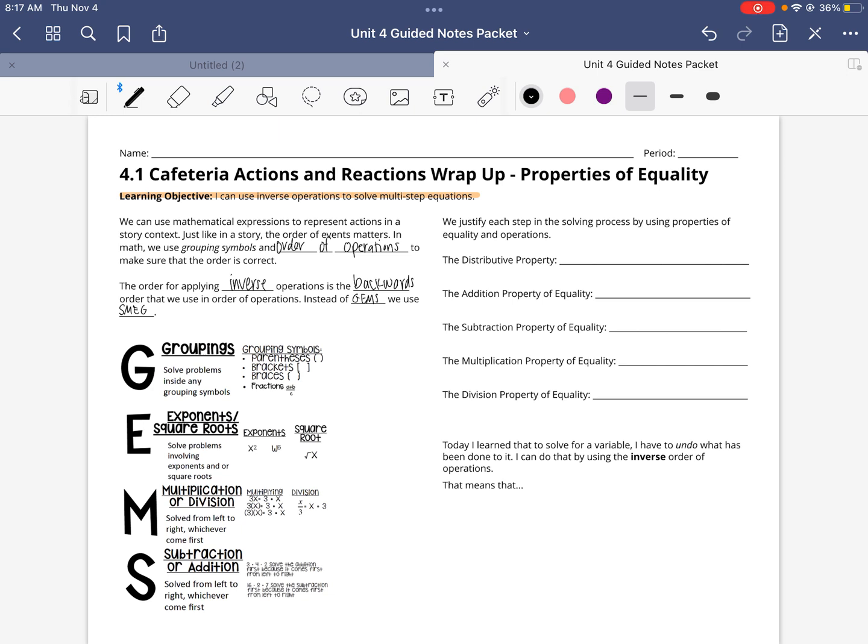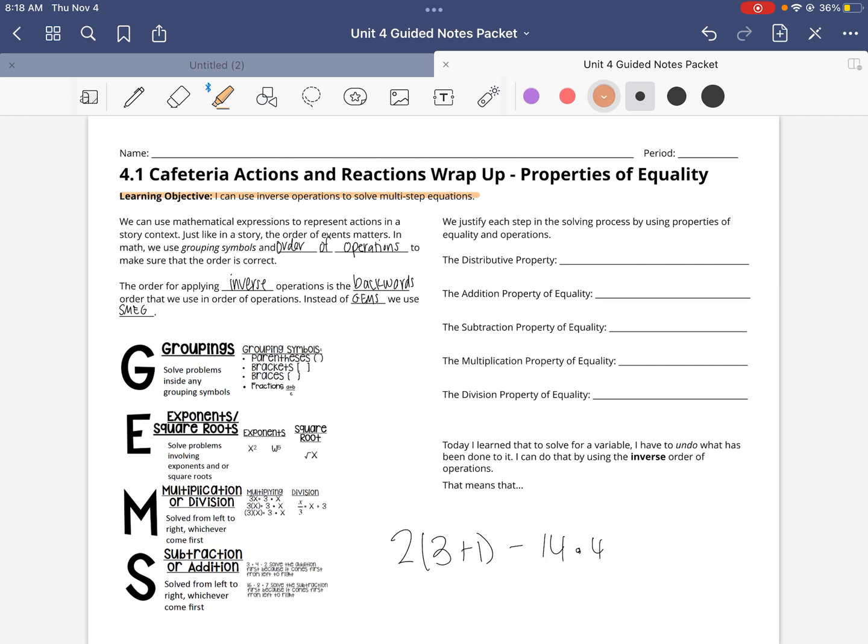Okay, so when we're solving an equation, like if we go through and we say, okay, we need to do 2 times (3 plus 1) minus 14 times 4. If we were doing order of operations, we would have to do our grouping symbols first.